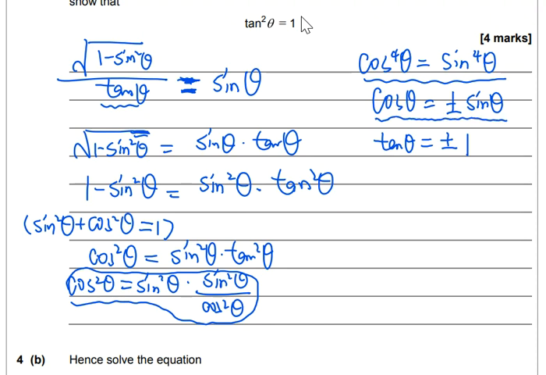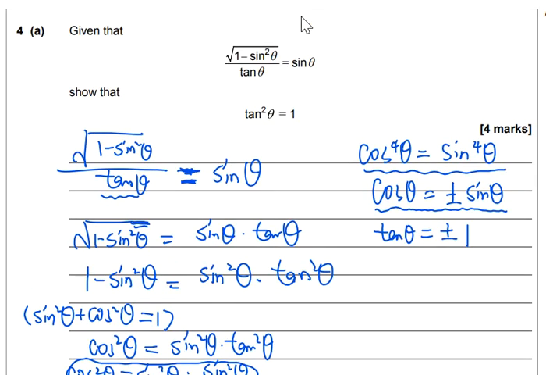So we have tangent of theta as positive or negative 1. Then we apply the square to both the left hand side and right hand side. We have tangent of theta squared is positive 1. So we have proved this: tangent of theta squared is equal to 1.